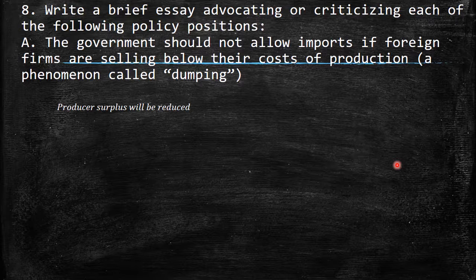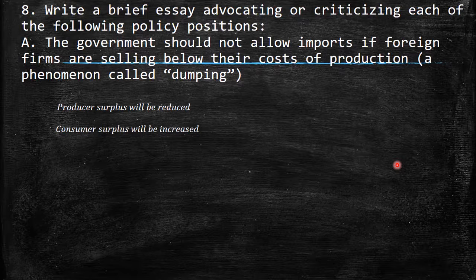How come? Because given the lower price in the world trade, or like the world price goes down, the producers have to supply their goods at a lower price, so they will be affected.